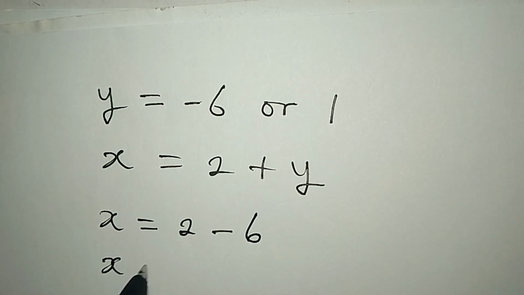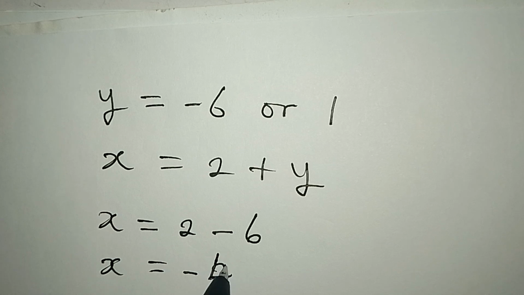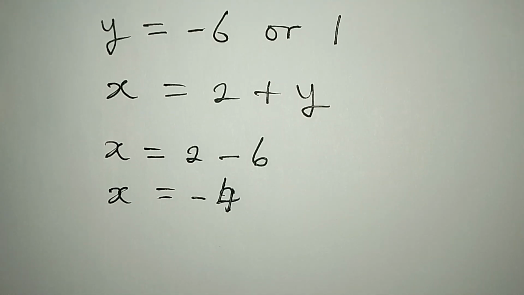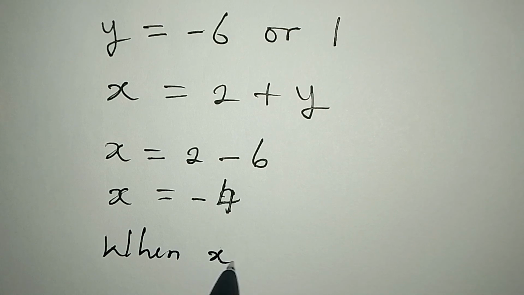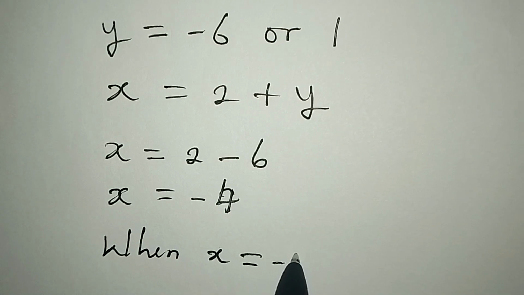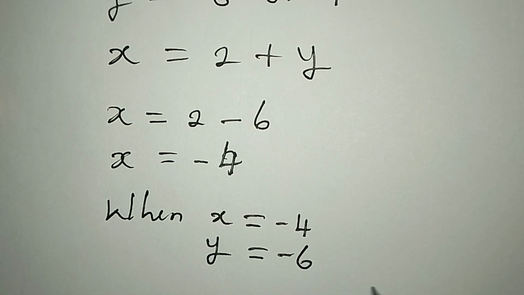So this means that x is equal to minus 4. So from here, we are saying that when x is equal to minus 4, y is equal to minus 6.